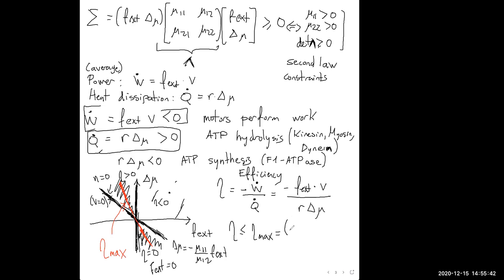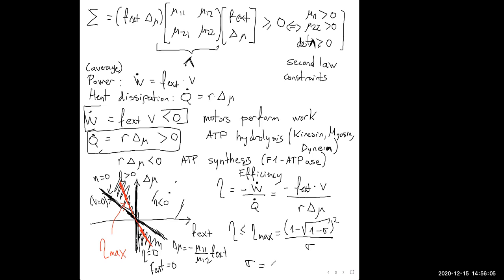You can prove that it is 1 minus square root of 1 minus sigma squared divided by sigma. You can prove this is the maximum efficiency, and sigma depends on the parameters, which are these ones. These are the parameters of the model.